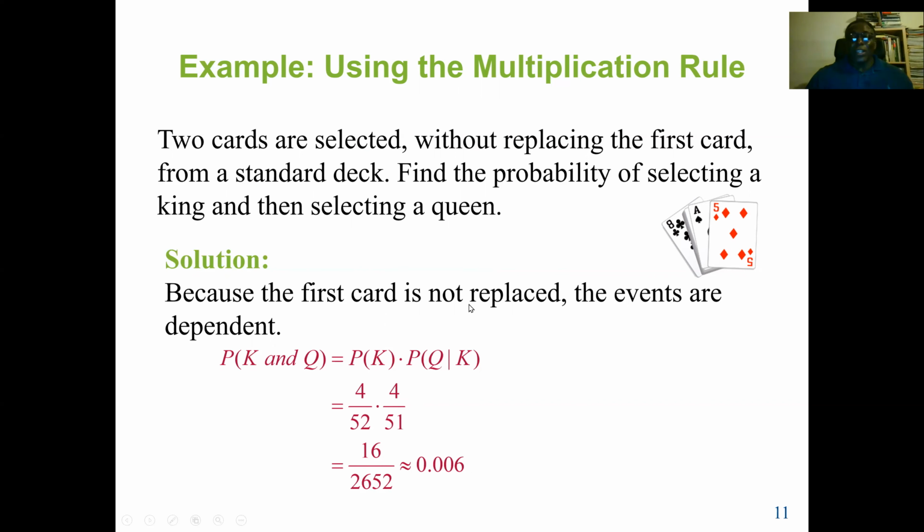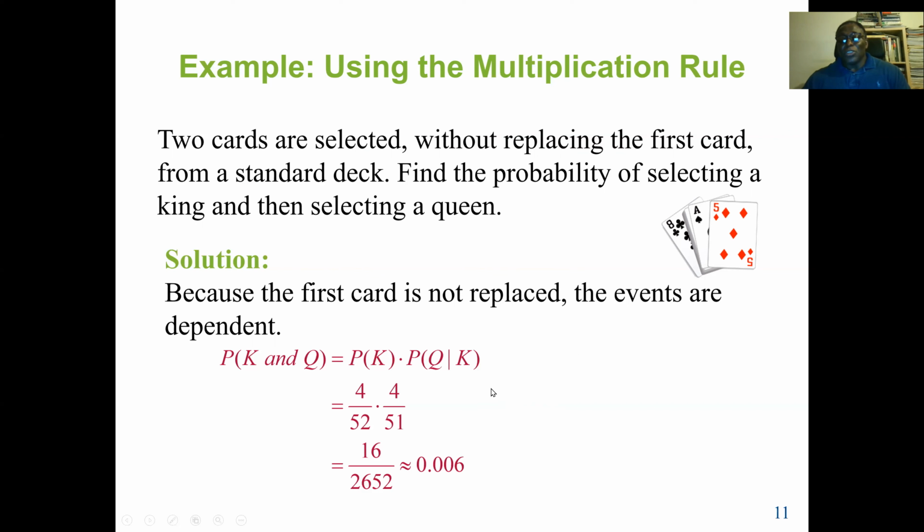So again, the example is that 2 cards are selected without replacing the first card. So we are not going to replace it from a standard deck. Find the probability of selecting a king, then selecting a queen. How many kings we have? 4. How many total cards we have? It's 52. So probability of selecting a king will be 4 over 52.